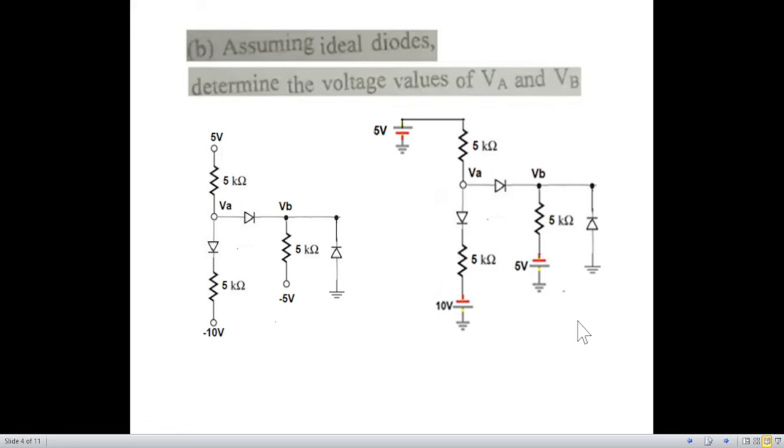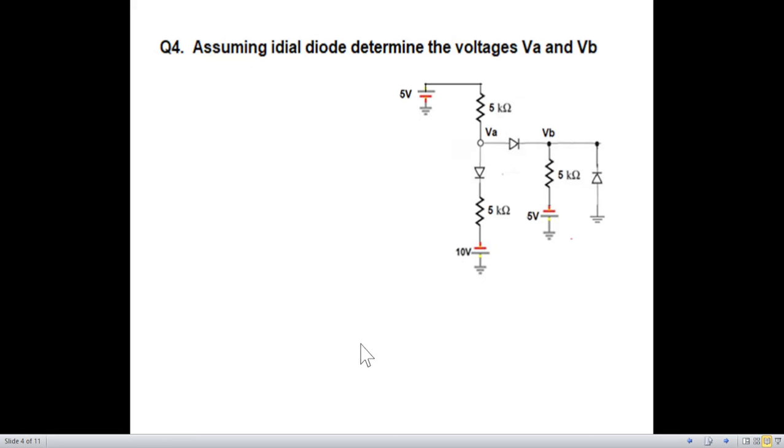This makes it easy to write the KVL equation, at least for me. So we'll follow with this. Coming back to the question, this is the circuit. Assuming ideal diodes, we have to determine the voltages VA and VB.